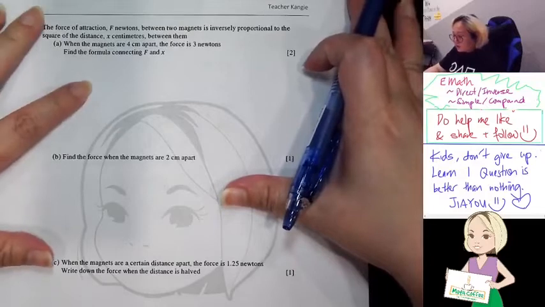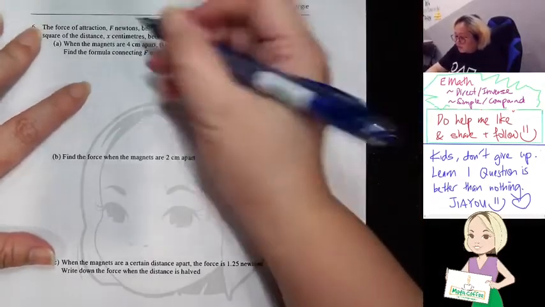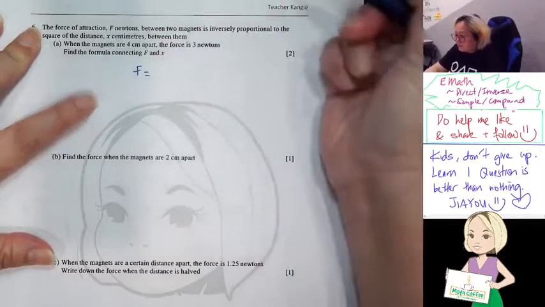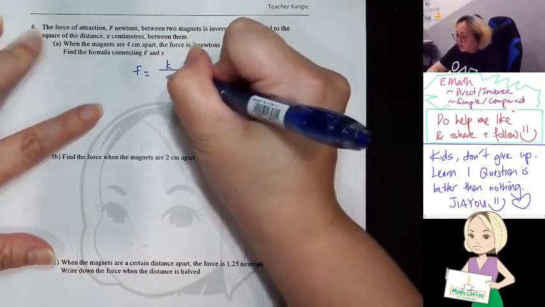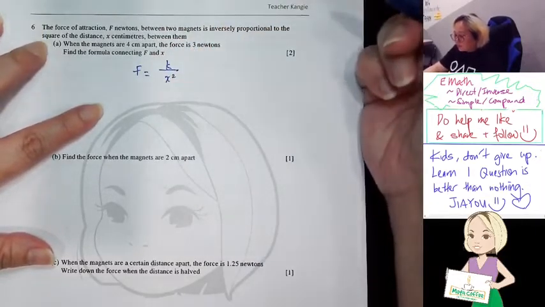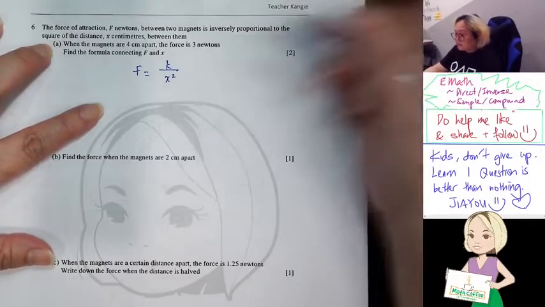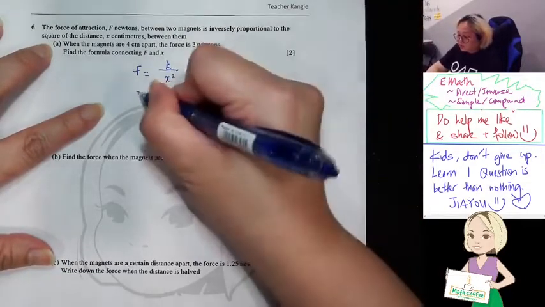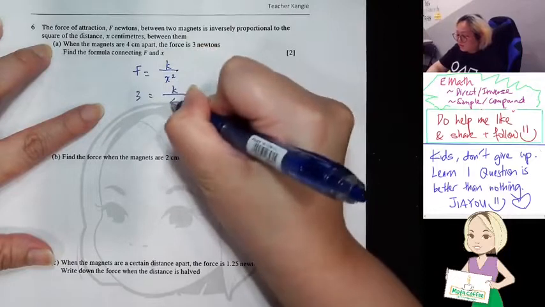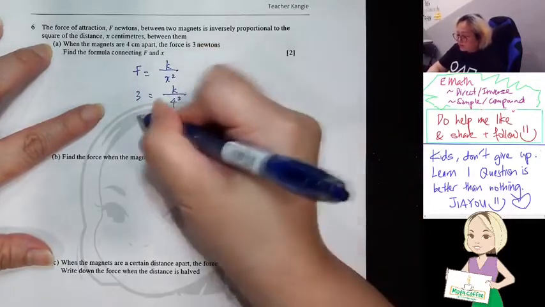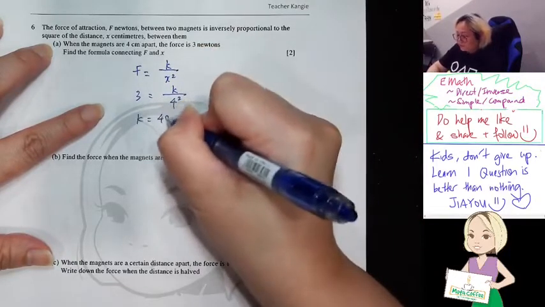The force is inversely proportional to the square of the distance, so it's quite repeated. F is equal to, inverse means K over X squared. Now they say that the magnets are 4 cm apart, the force is 3 Newton. So 3 is equal to K over 4 squared, and this means K is equal to 48.